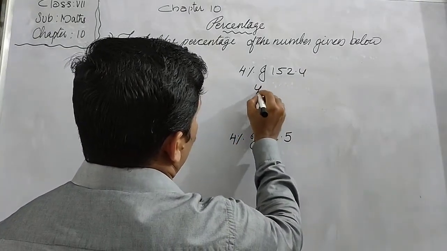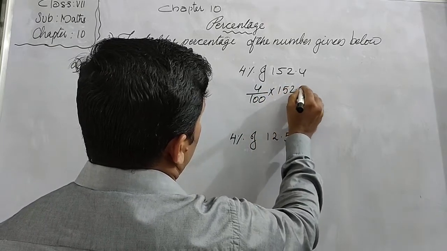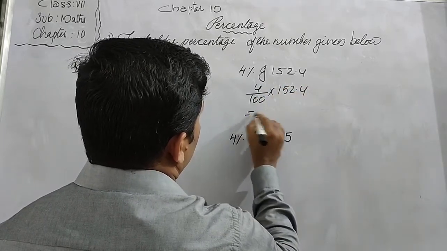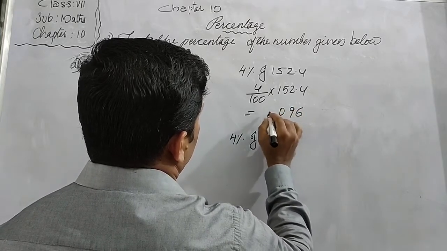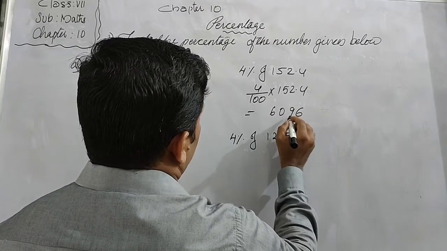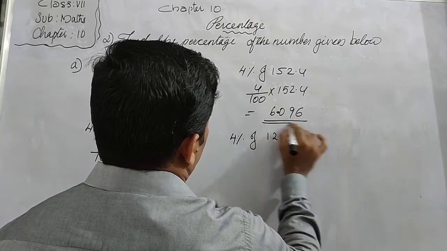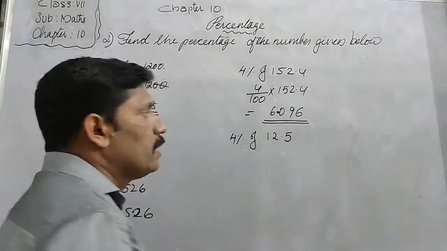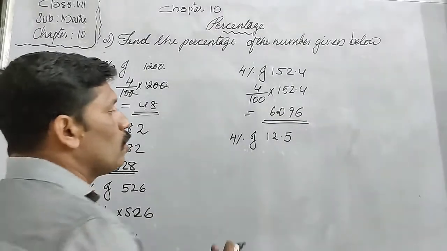Next, 4% of 152.4. Here also 4% means 4 upon 100 into 152.4. So here also when we multiply, we get 6.096. Next question, 4% of 12.5.